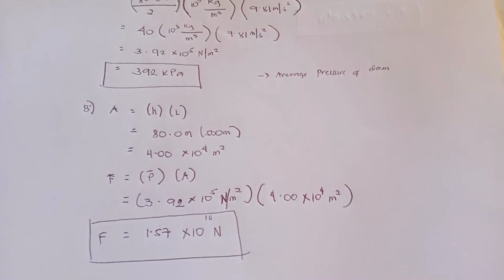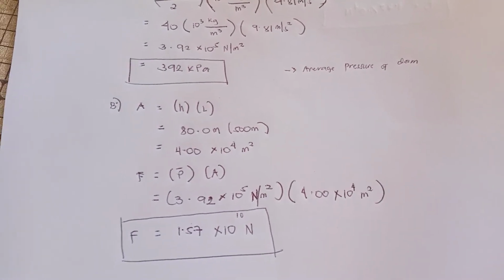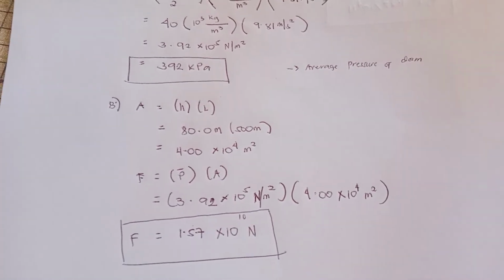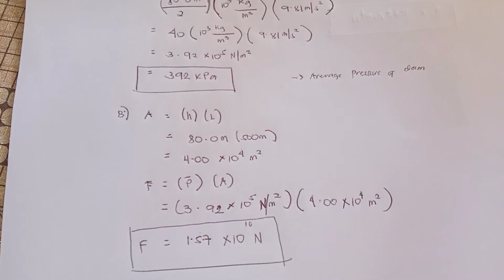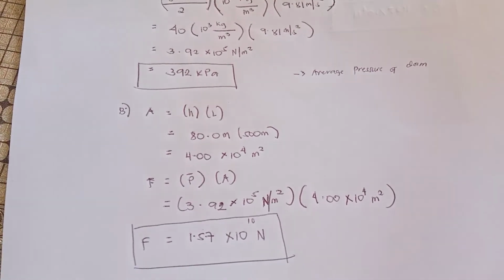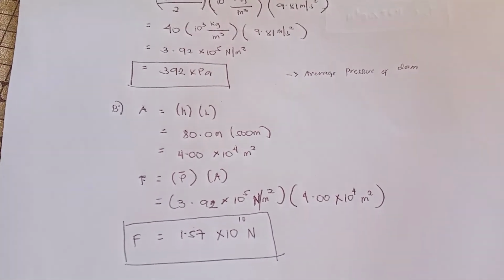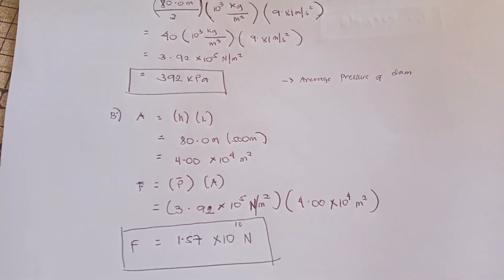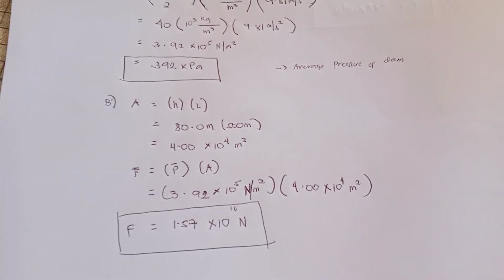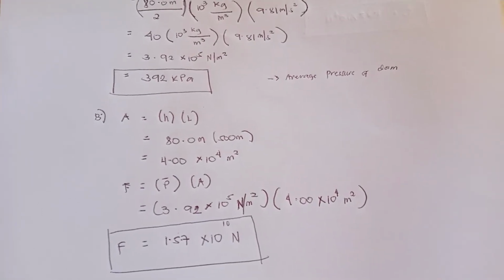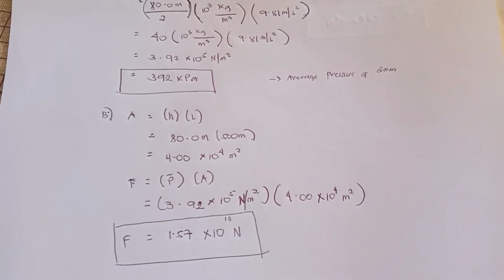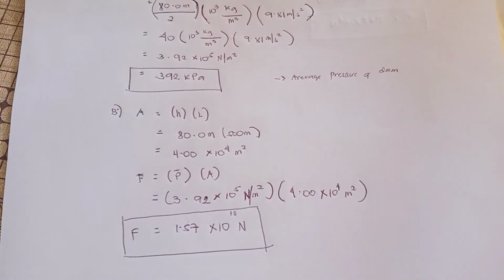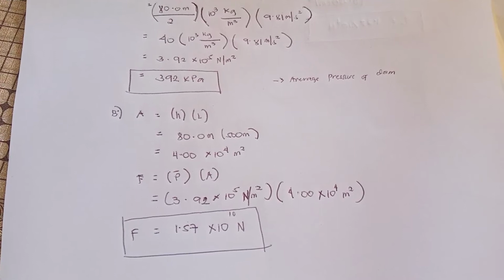And for B, what we are looking for is to calculate the force exerted against the dome. So before we get the force, we find the area, which equals, the formula is area equals H times L. So equals 80.0 meter times 500 meter, which equals 4.00 times 10 to the raised power of fourth power meter squared.